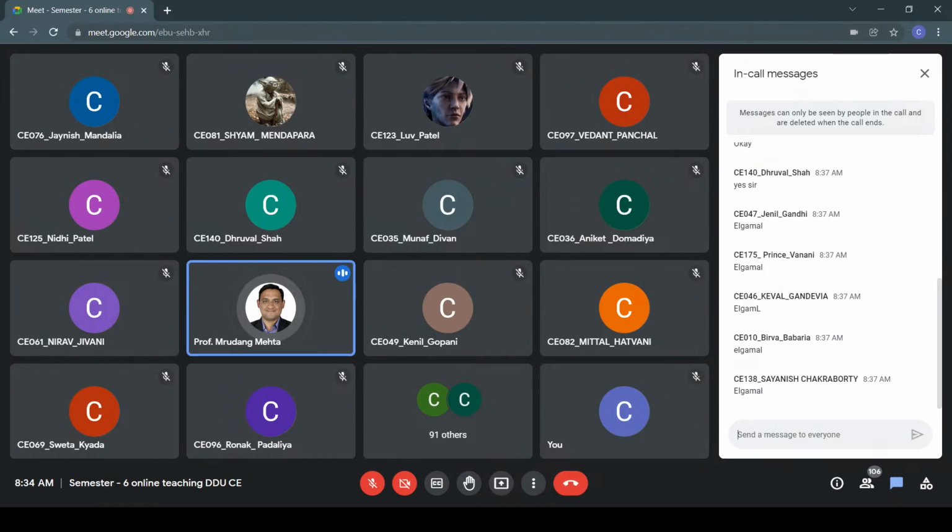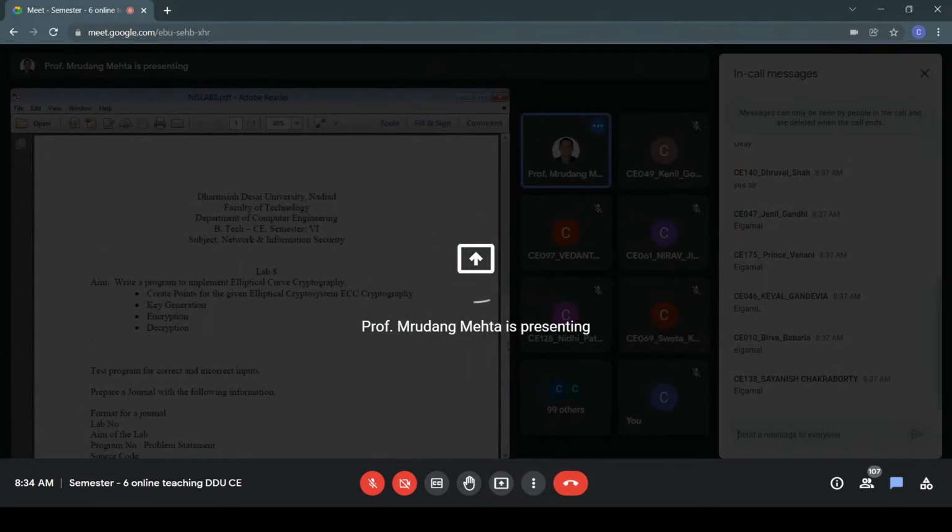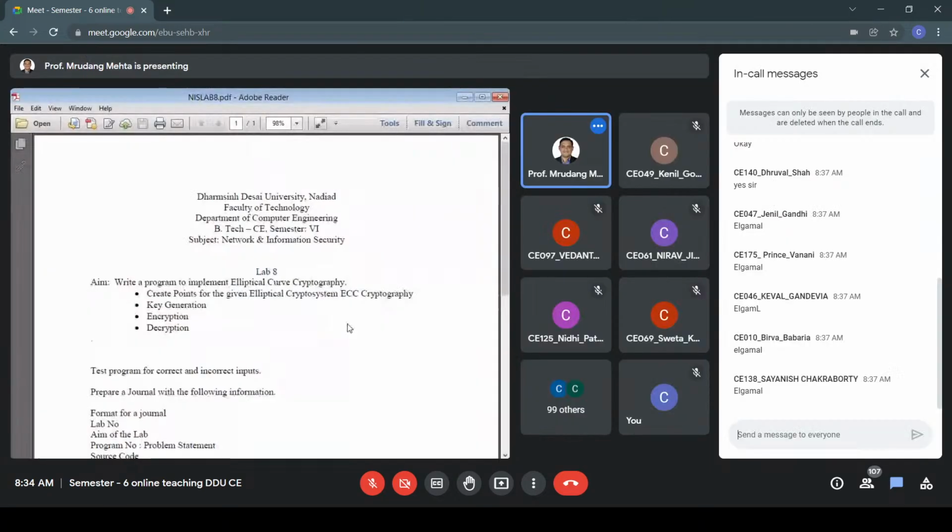Third is encryption. And fourth is decryption. Let me share the problem objective. Okay, can you see the screen, the lab objective?